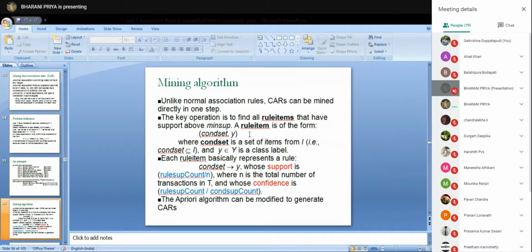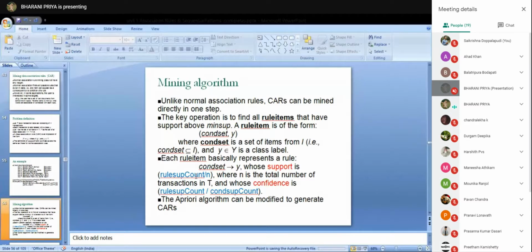A rule item is of the form conditional set, comma, y, where the conditional set belongs to I and y belongs to the class labels. Support is rule support count by n, and confidence is rule support count by conditional support count.